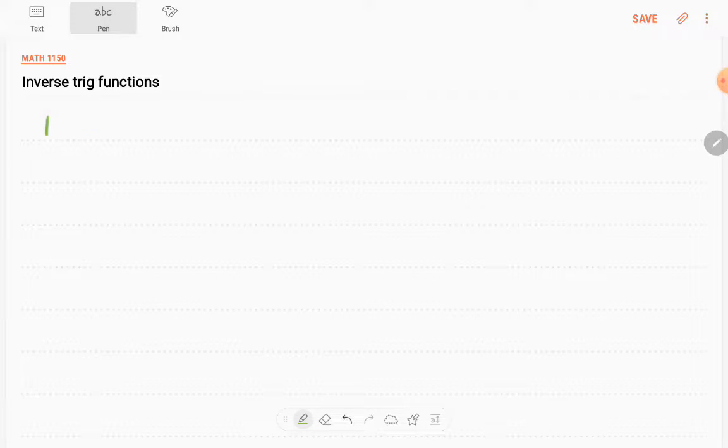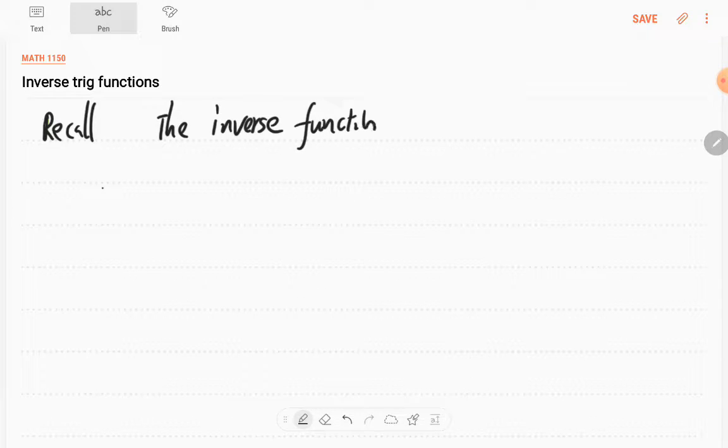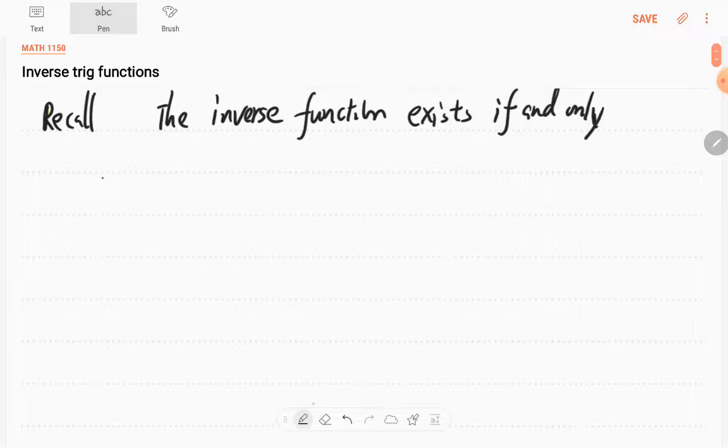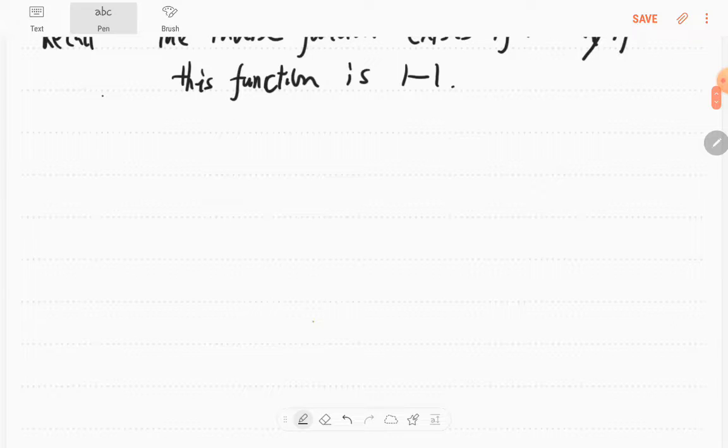Before that, recall we have a theorem that says an inverse function exists if and only if this function is a one-to-one function. Okay, so now let's look at the inverse of sine.